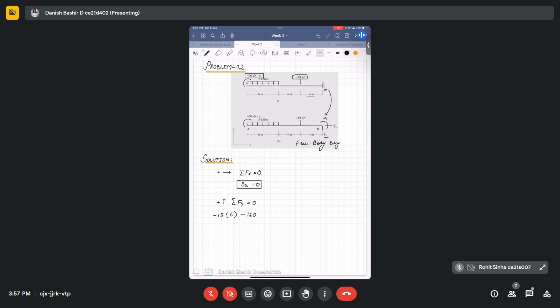And By is acting upwards, so we will write By. This whole is equal to 0. On solving this, we will get By equal to 250 kilonewton. And this sign is coming the same as the geometry, so it will be acting upwards.